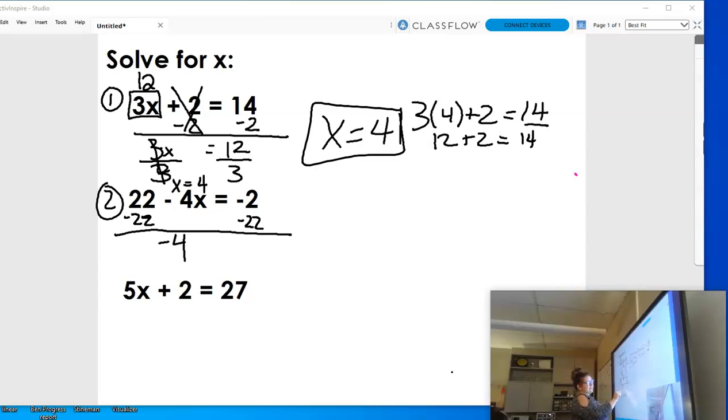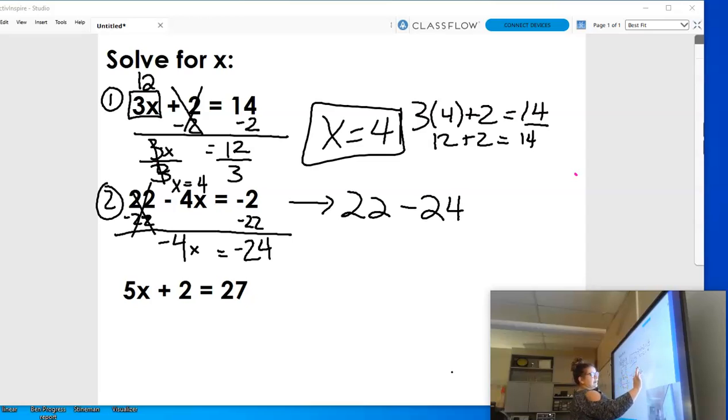So then this kind of cancels out there. 22 minus 22 just cancels out to get 0. Be careful here though, because you do have a negative 4x there equals negative 24. Negative 2 minus 22 would be negative 24. Remember, the reason for that is, off to the side, what this means is that we would have had to subtract 24 in order to get negative 2.